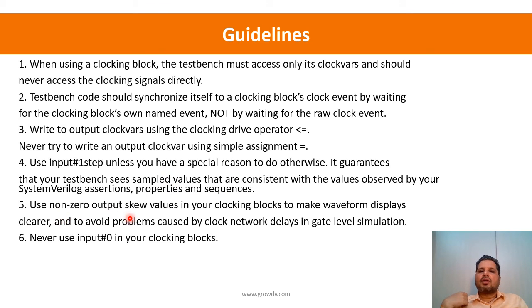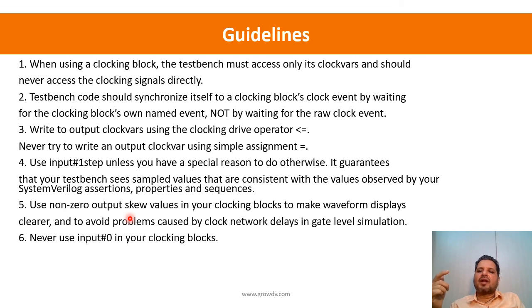And use non-zero output skew values. There are two reasons. First, it's going to make your waveforms clearer, so you will really be able to see, with respect to a particular clock edge, the output showing slightly delayed, so it will be very clear what value is going to get sampled, or when the value got updated. It becomes clear while you are doing the debug.